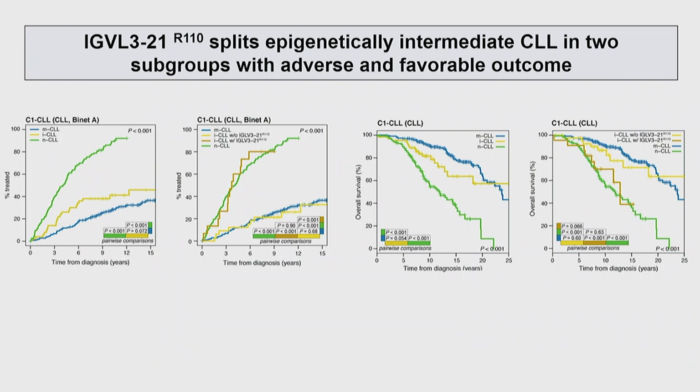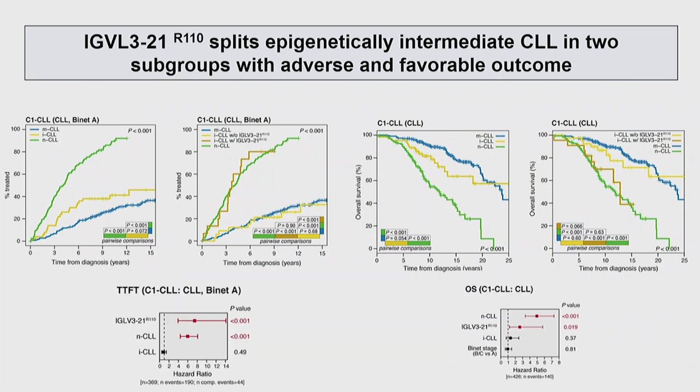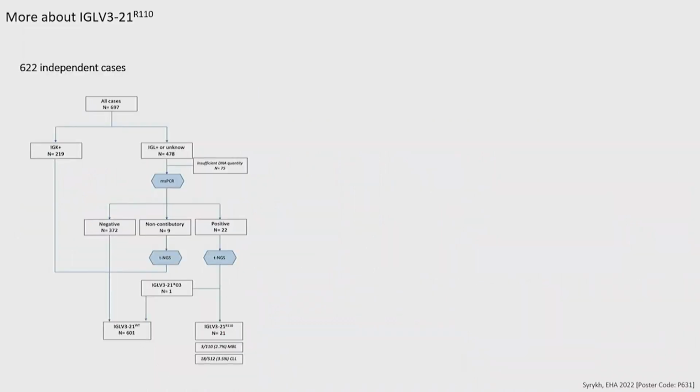So the intermediate clinical evolution of this epigenetic intermediate group is due to a group of cases that carry a more aggressive impact related to this R110 mutation. And that holds in multivariate independent analysis. So I think this mutation is important in clinical practice, because the status of the immunoglobulins is key information for the clinicians to manage or follow the patient. This is beyond the mutational status, so I think it's important.